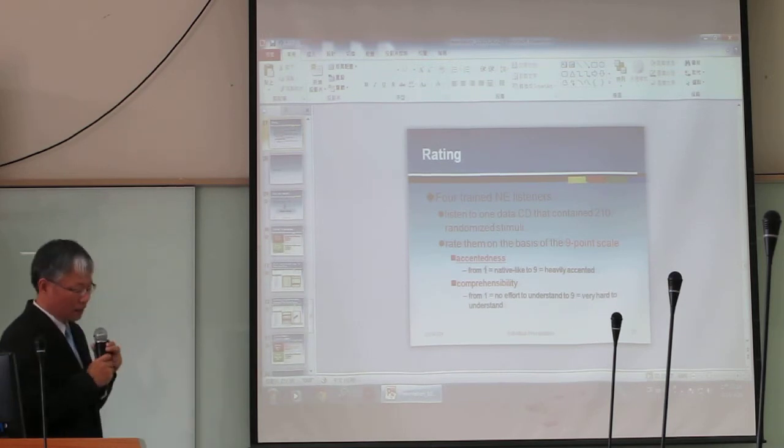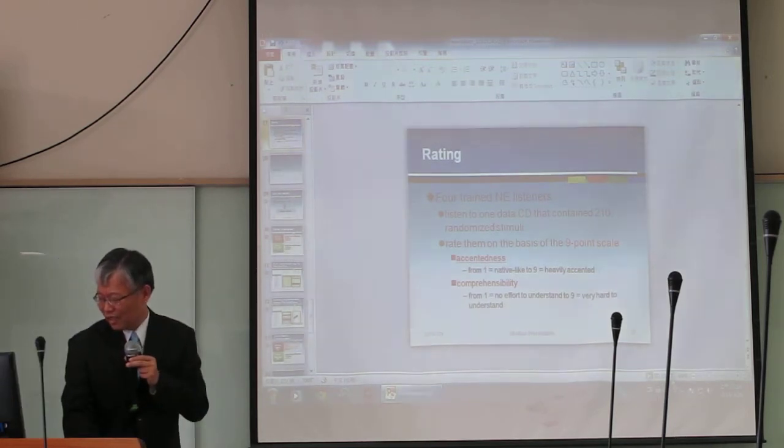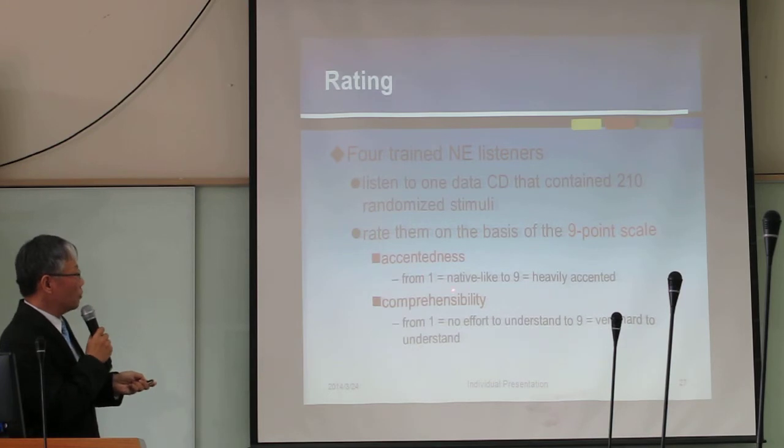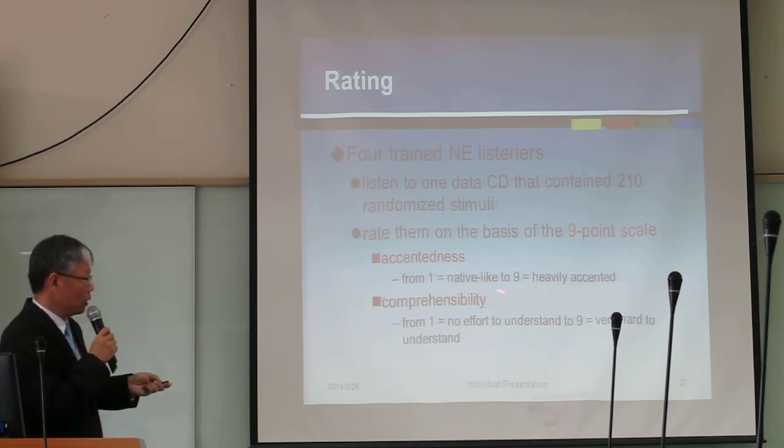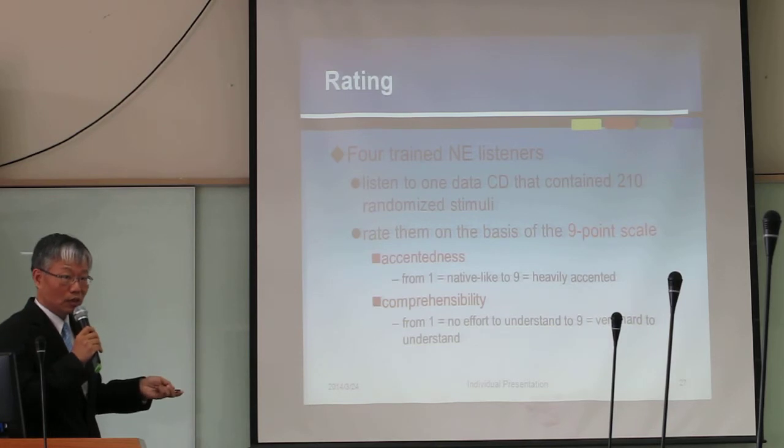The rating scale goes from 1, native-like, speaking like a native English speaker, to 9, heavily accented. And 1, no effort to understand, is very easy to understand, and 9 is very hard to understand.